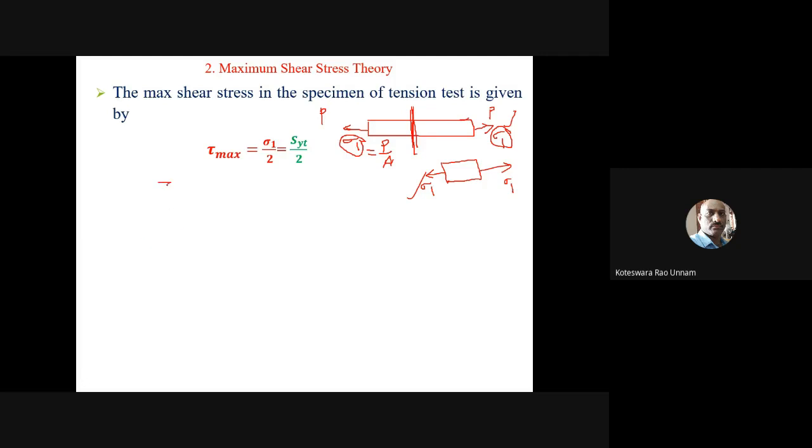We already derived in the previous class the expression for tau max: sigma 1 minus sigma 2 by 2, where sigma 1 and sigma 2 are the principal stresses in the biaxial case. In your uniaxial loading, sigma 2 is 0, so your tau max is only sigma 1 by 2.